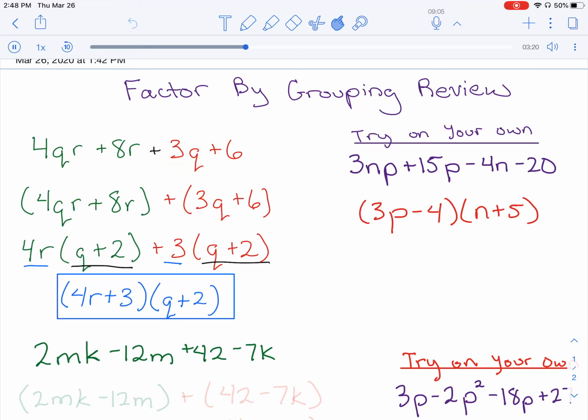Okay, so I'm going to give you one problem for you to work on your own. So if you look on the right side of the screen, I have the polynomial 3np plus 15p minus 4n minus 20. So I want you to go ahead and factor that out. Pause the screen, factor it out, and then when you return, we'll have the answer.